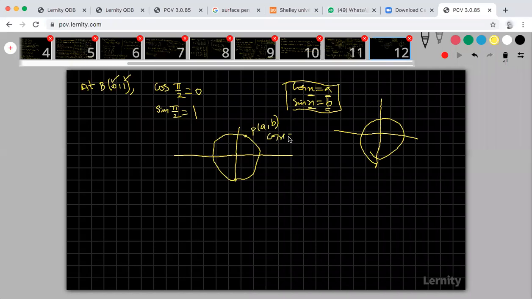Cos of the angle. What is that angle? That angle is the angle AOP. This is the angle x. If you take P here, you will get your angle AOP like that. This is your x. So therefore, your cos x is A, sin x is B.